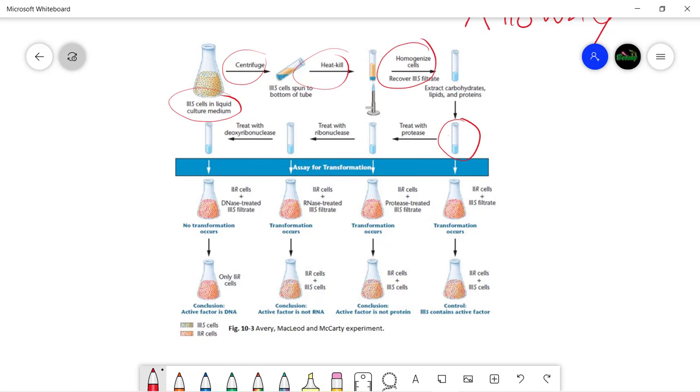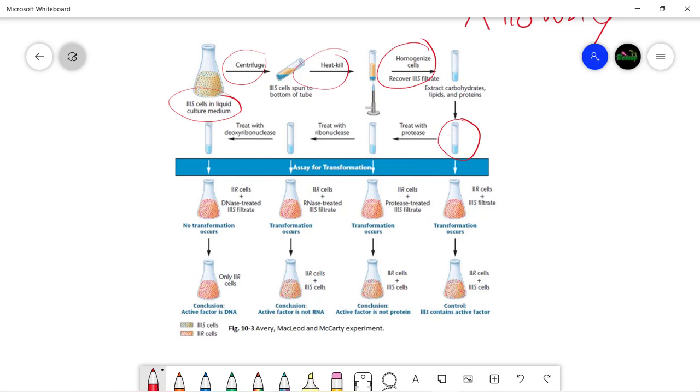Next, they treated this extract, which had no proteins, with ribonuclease, removing the RNA. After removing the RNA, they mixed it with type 2R cells, but transformation occurred. That means that RNA was not responsible for the transformation.